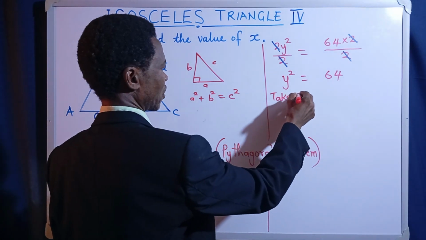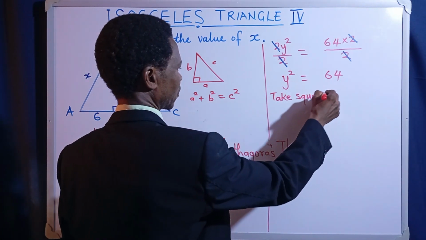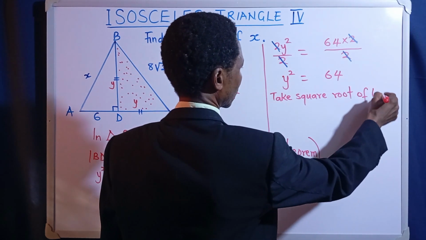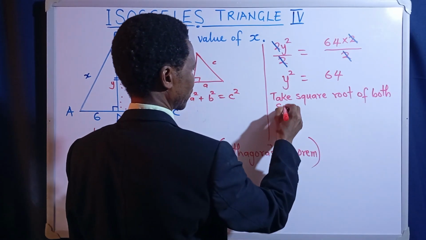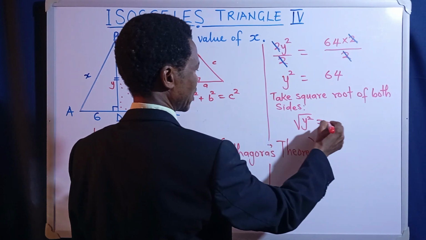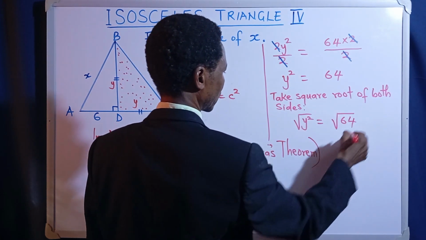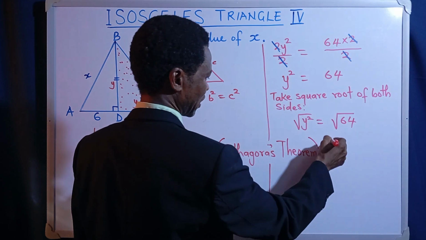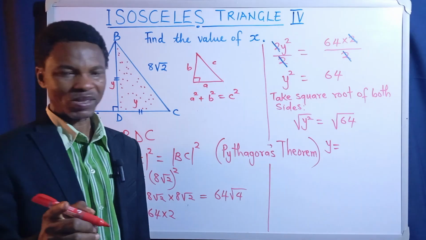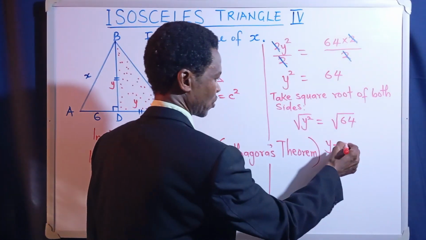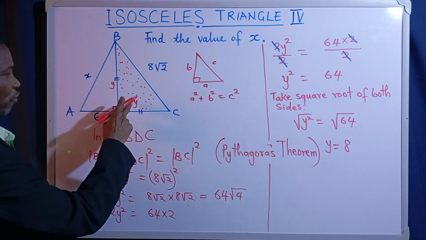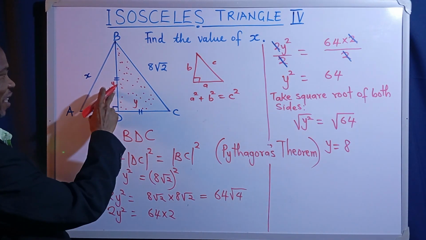The square root of y squared is y. The square root of 64: which number multiplied by itself gives you 64? That is 8 times 8, so the square root is 8. So we now know the value of y. So here is 8 and here is 8.